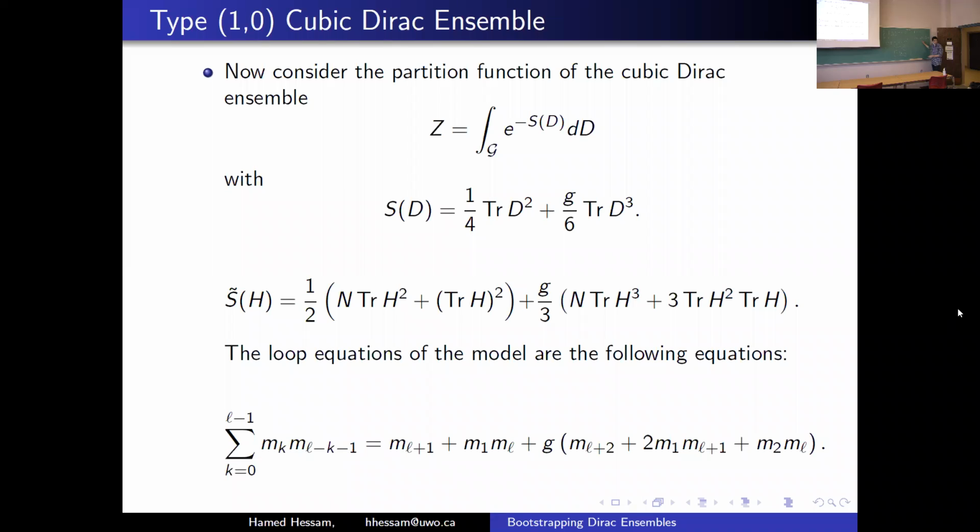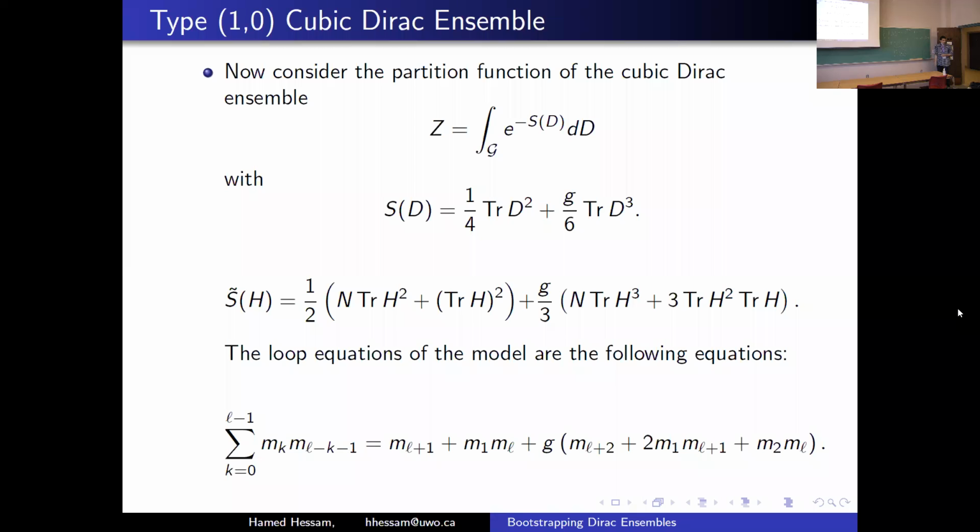We're trying to decide for which G this is positive, right? No, we just want to find what moments we need for this model. If we find m1, we can write m2 just in terms of m1 by using that Schwinger-Dyson equation.